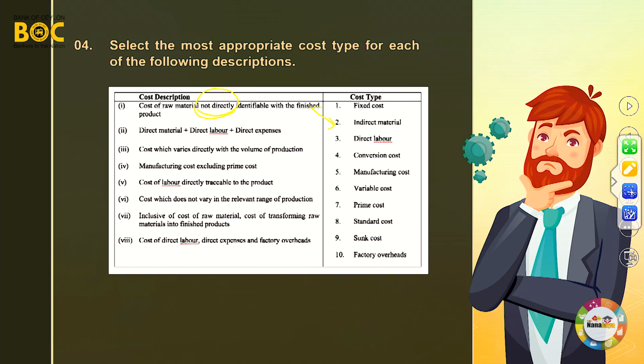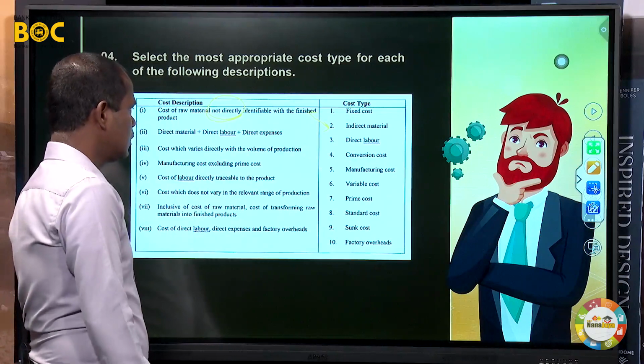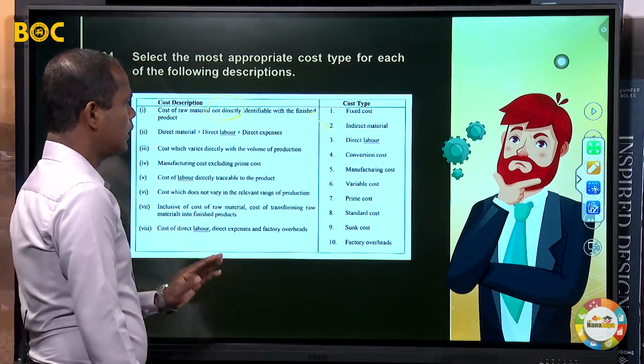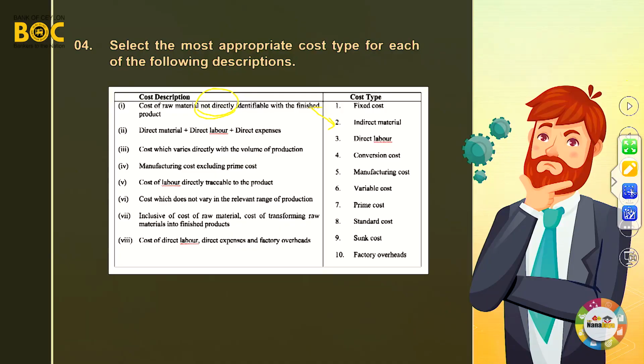Number 1, the answer: cost type, indirect material. The second one: direct material plus direct labor plus direct expenses. The addition of direct material, direct labor and direct expense we call prime cost.